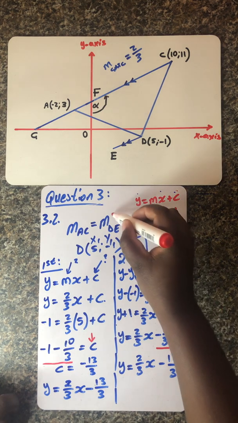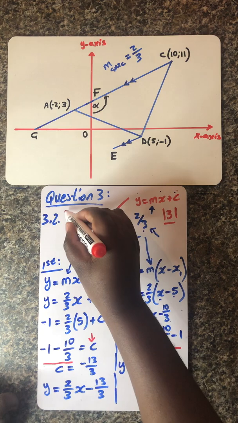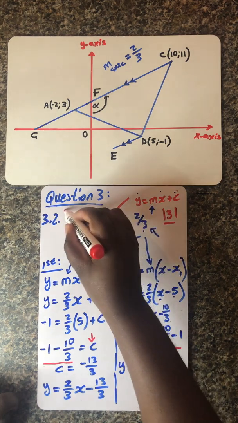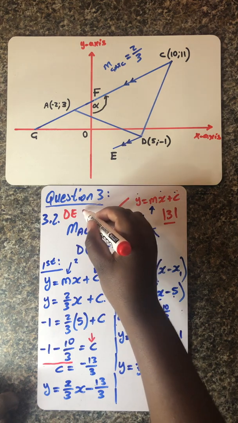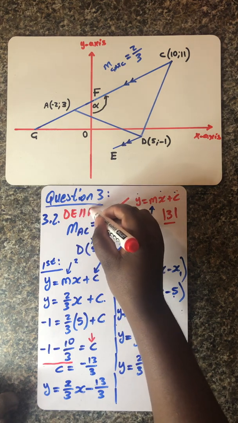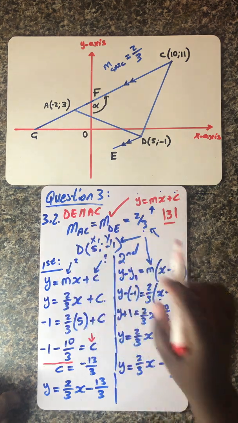So we give you a mark for providing that reason. It's very important, ladies and gentlemen, that you back up your calculations. For just giving that reason where you say that DE is parallel to AC, we give you that reason, and therefore that means the gradients are the same.